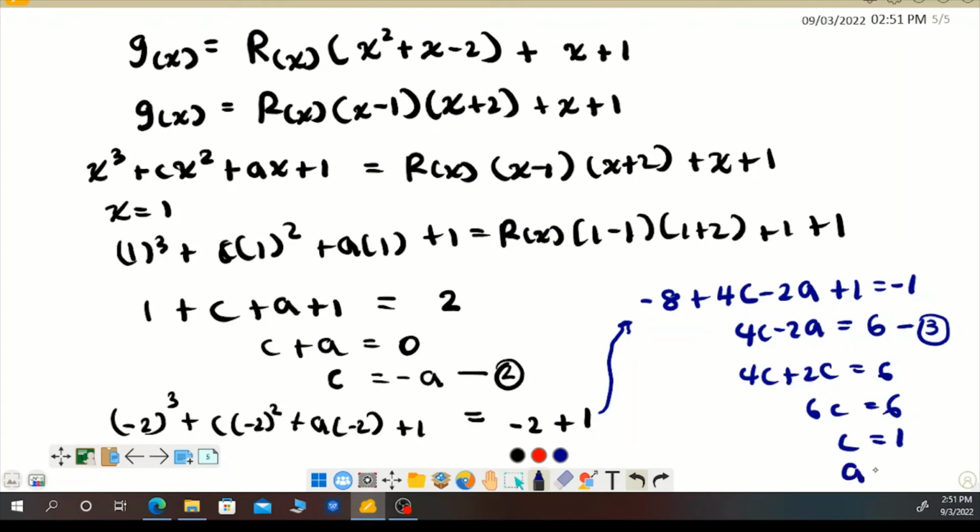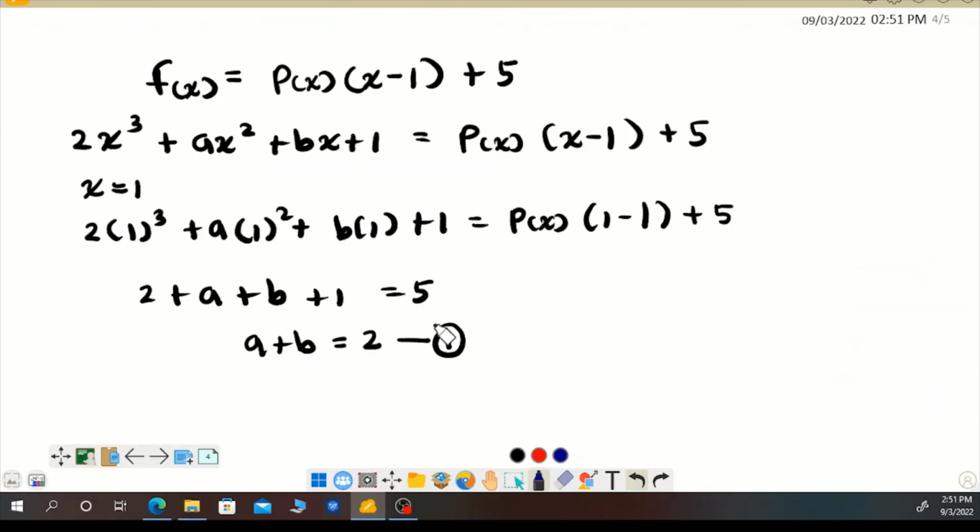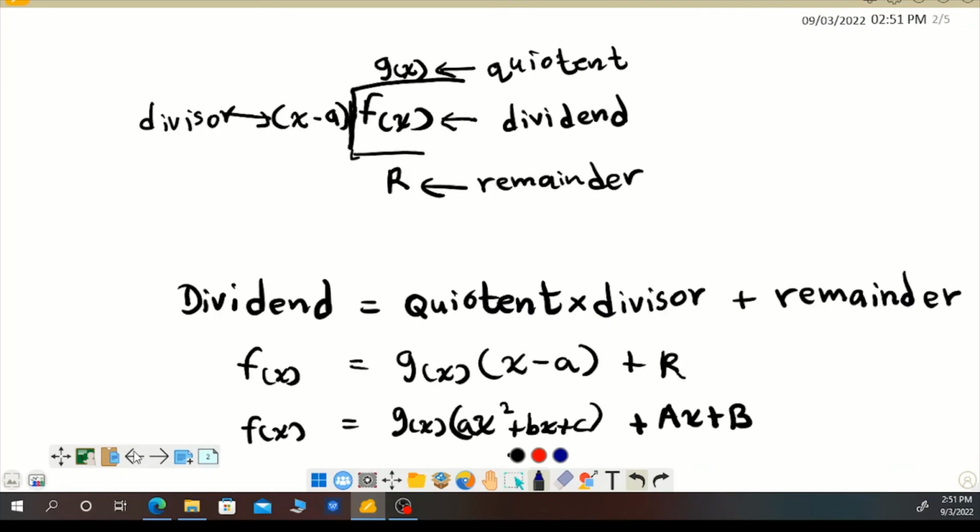Then I can get a equals minus 1. And from the first equation, I can get the b value. So we get a as minus 1, b is plus 3. So I obtain the a, b, c values. It is my first part of the problem.